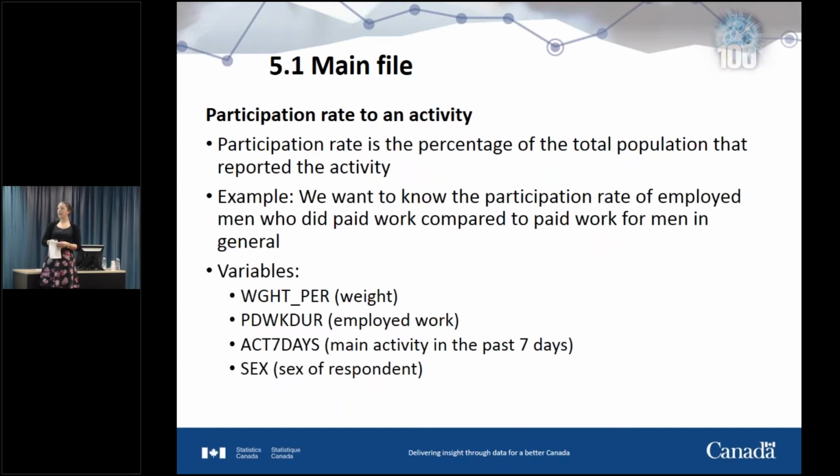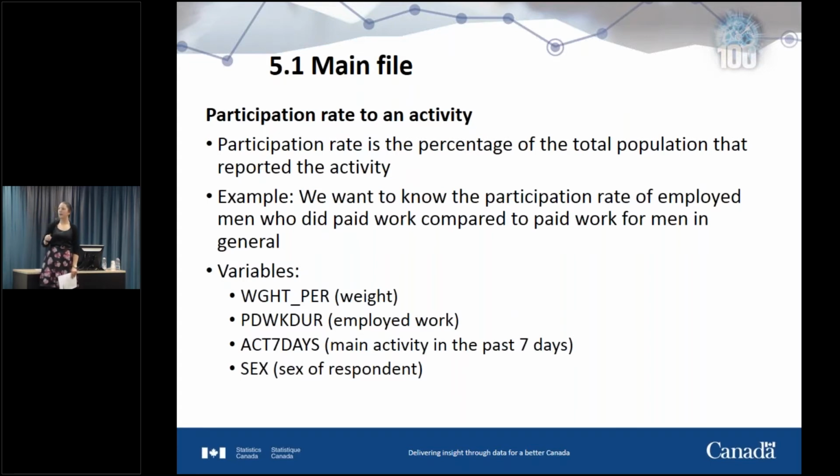But this is only true if you're using the total population and not only the participants. And finally, as I said, we can combine both files using the POM ID.